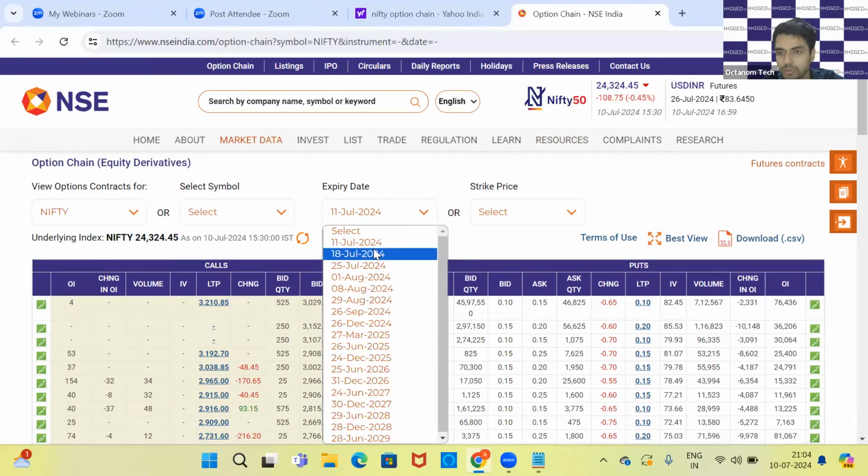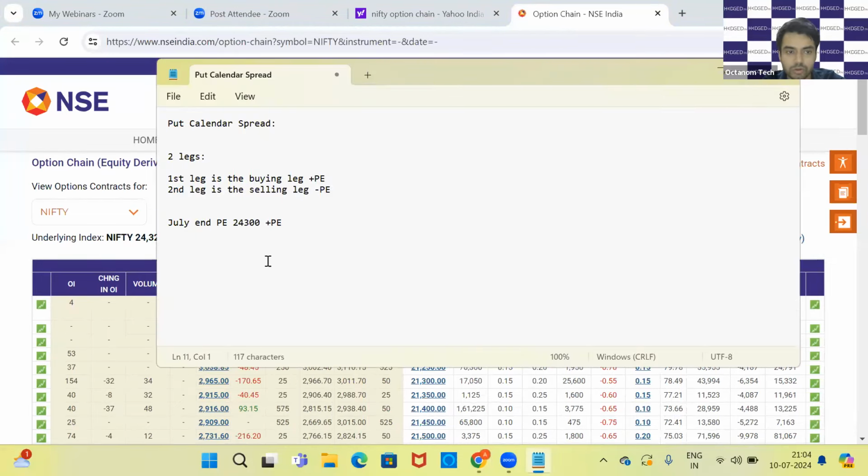I have these two options which I can sell, right? So this is of 25th July, and we buy the same 24,300 PE of either 11th or 18th July. Now, this is the basic definition, right?